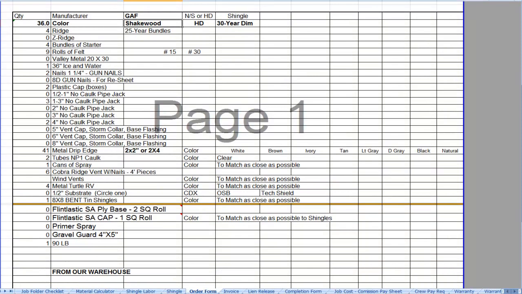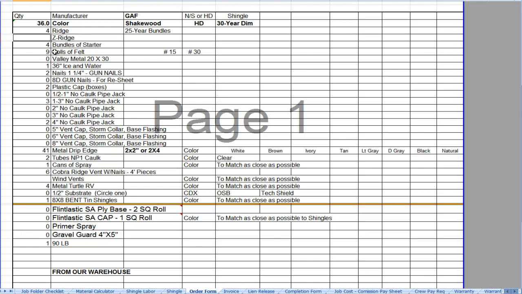And let's say that the color is Shakewood. I take the zeros out because I'm also checking this as I go to make sure I didn't miss anything. This program doesn't do everything for you. It's a great tool to help you make sure you don't miss something, and it's also a checklist for you to be going over as you're doing it.